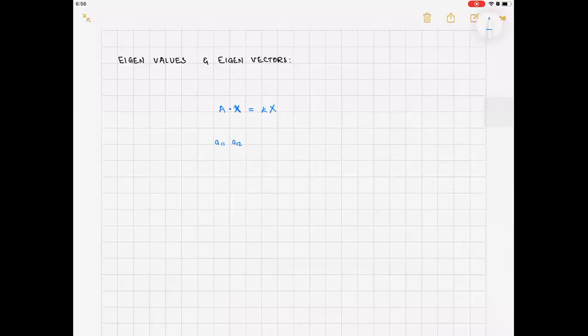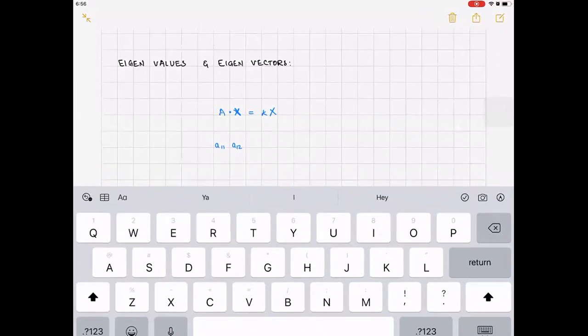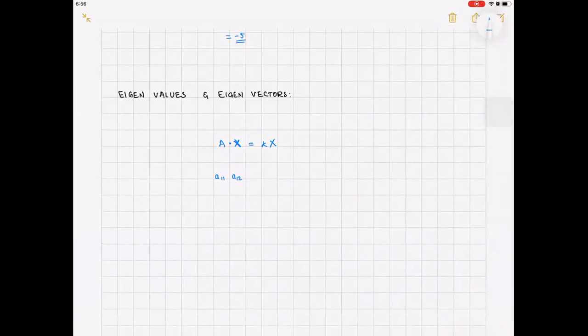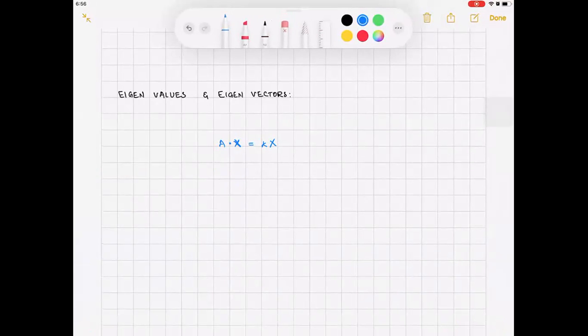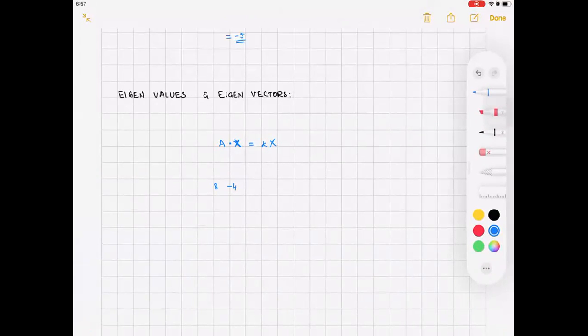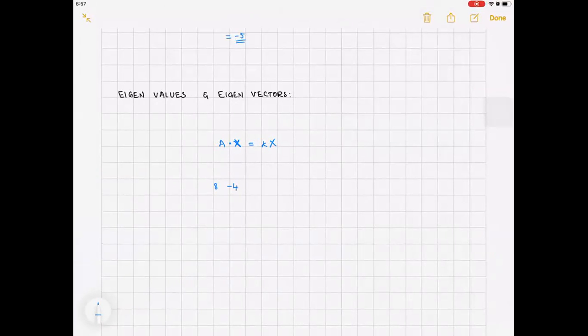So consider this 2x2 matrix: 8, minus 4, 2, 2.